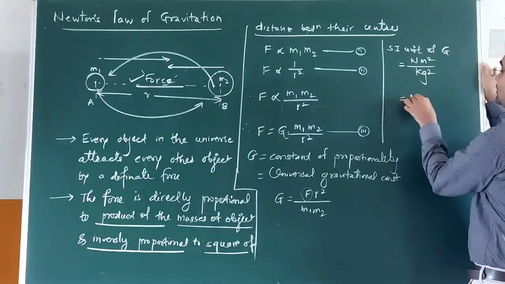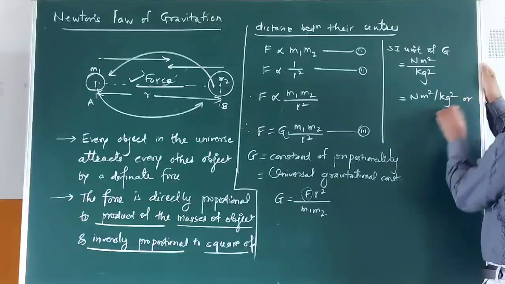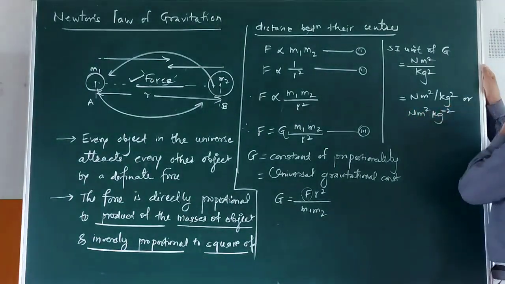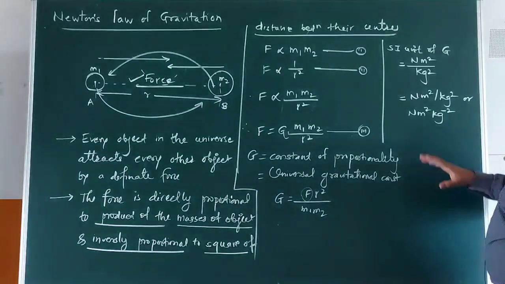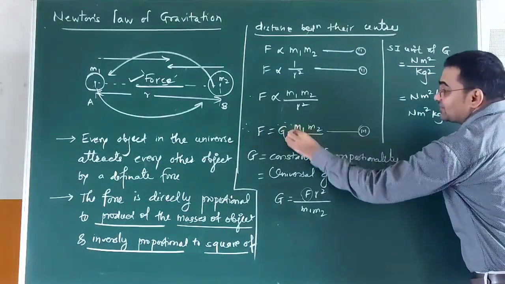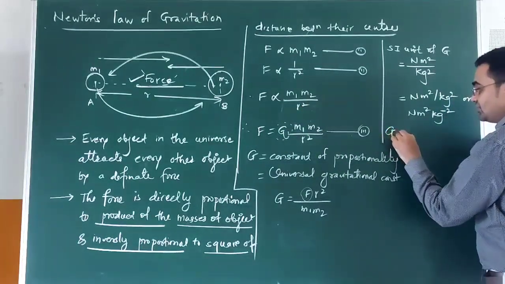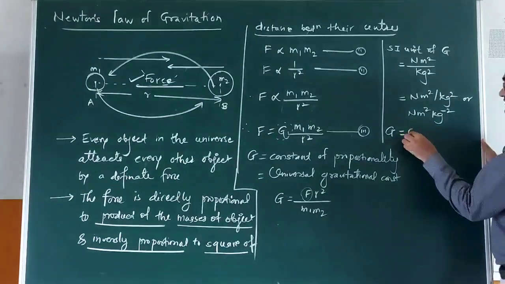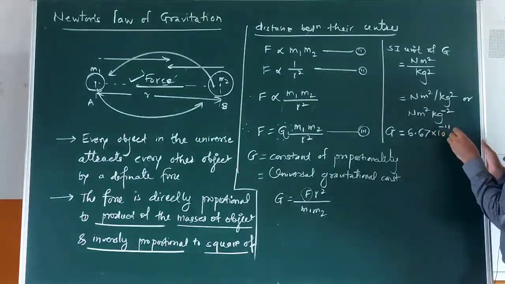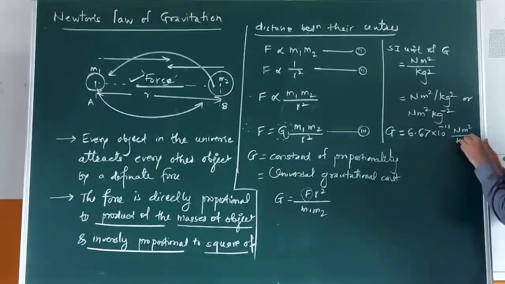So it is Newton meter square per kilogram square, or you can write it as Newton meter square kilogram raised to minus 2. This law is very important. By the Cavendish method, the value of G is found as G equals 6.67 into 10 raised to minus 11 Newton meter square per kilogram square.